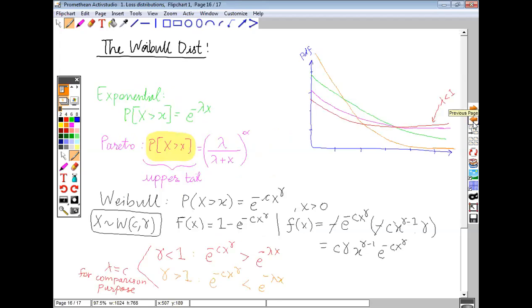Okay, so again, going back to this slide, all that matters is not what's happening here. We mostly care about what happens in the upper tail, right? Because here we see that this Weibull distribution has a heavier probability than this, but those wouldn't matter.